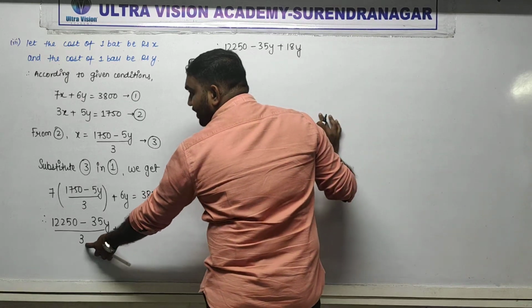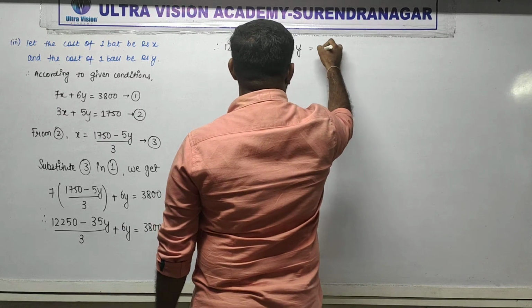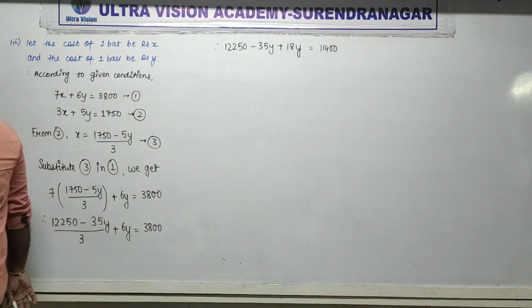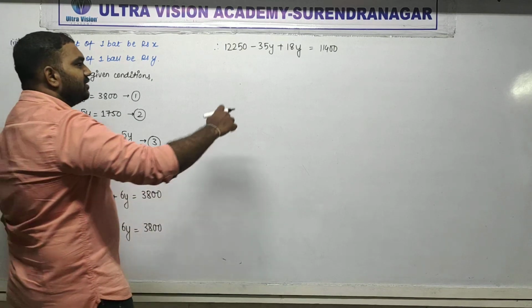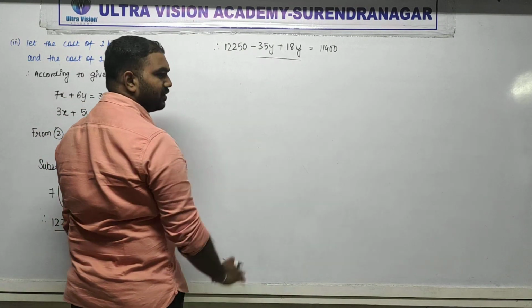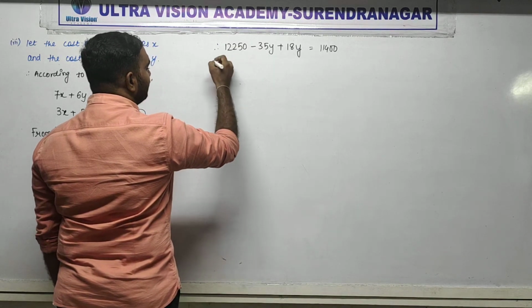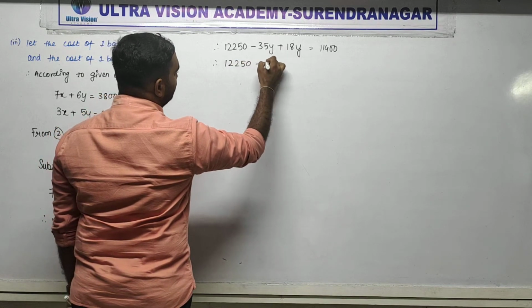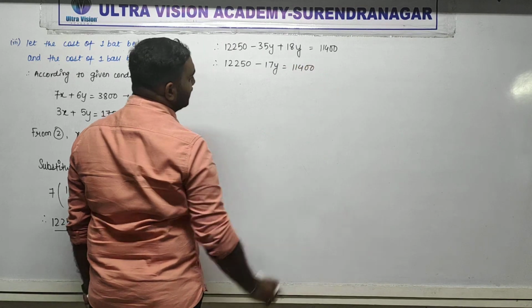Now this 3 will be directly transferred to 3800, which will give us 11400. 38 into 3 is 114. Ready? Okay. So first simplify this: minus 35 plus 18 is minus 17. So 12250 minus 17y equals 11400.